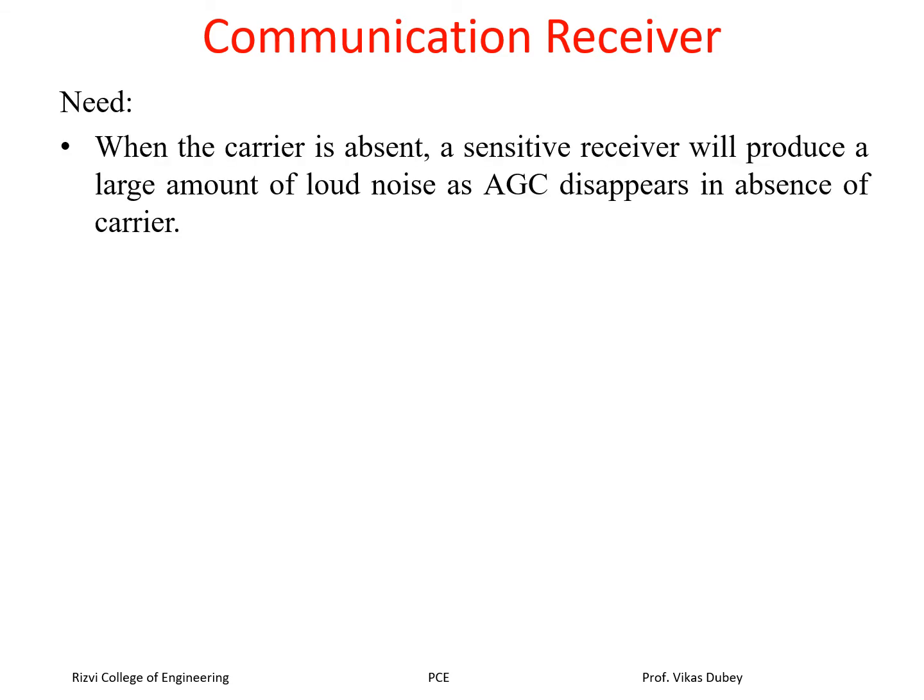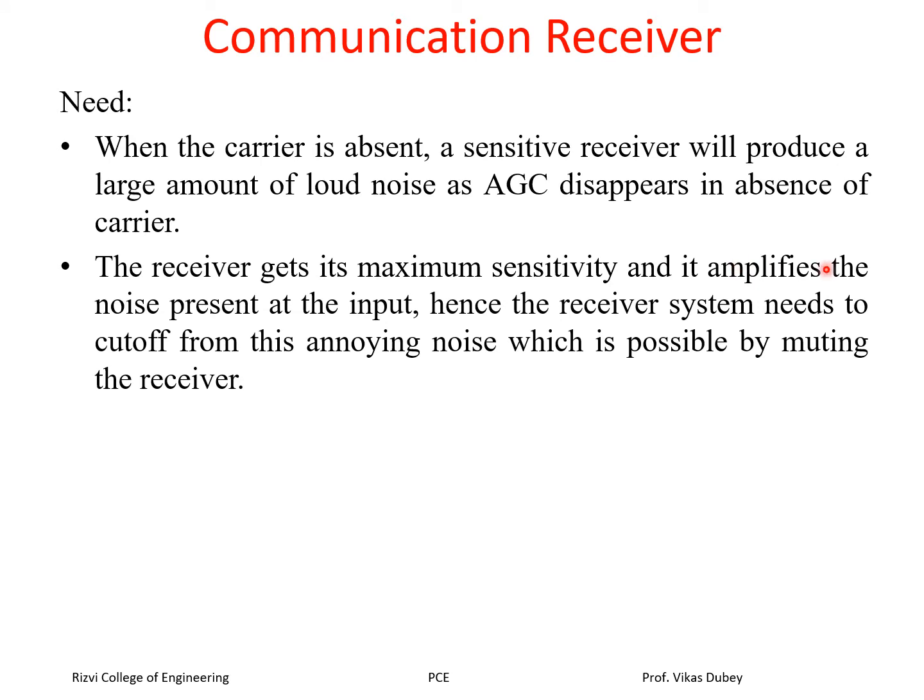Why is there a need for a squelch circuit? When the carrier is absent, a sensitive receiver will produce a large amount of loud noise, as AGC disappears in the absence of the carrier. When there is no carrier, AGC will not work, so the AGC voltage will not be there and the gain will not be controlled. In that case the amplifiers amplify the noise.